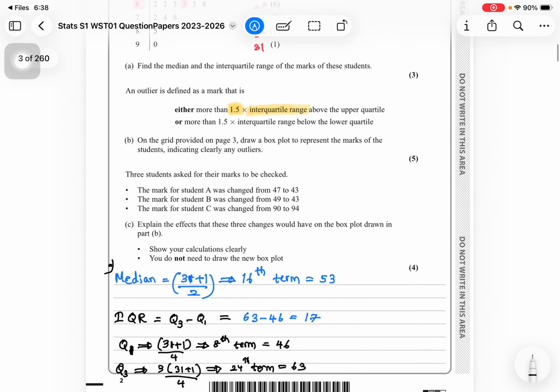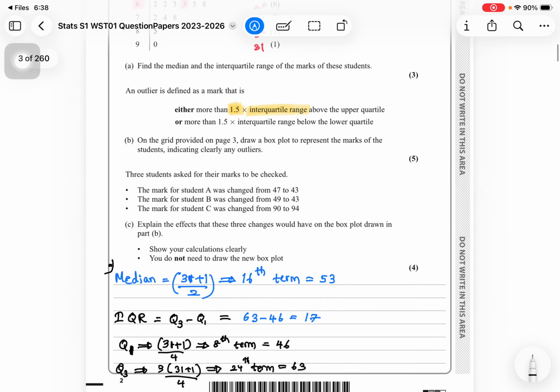If we come back here, we can notice this 18 is an outlier, because 26 is fine since it's greater than 20.5. Our upper boundary was 88.5, so this 90 is going to be an outlier. The max value we have is 85.